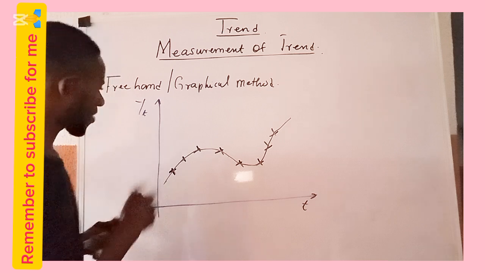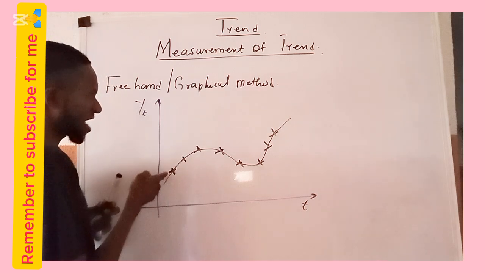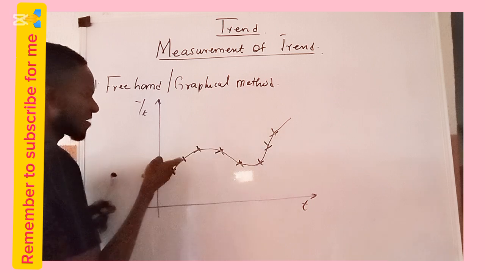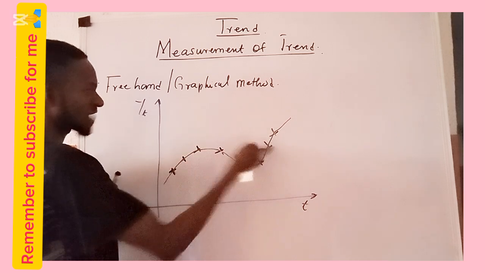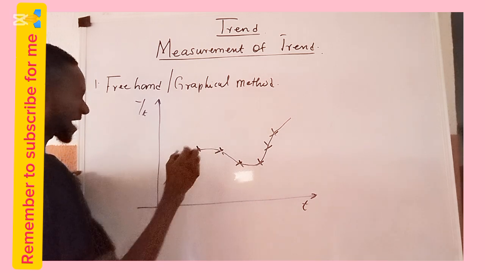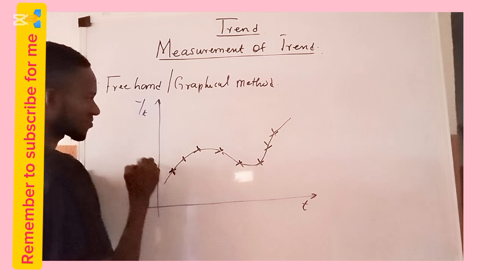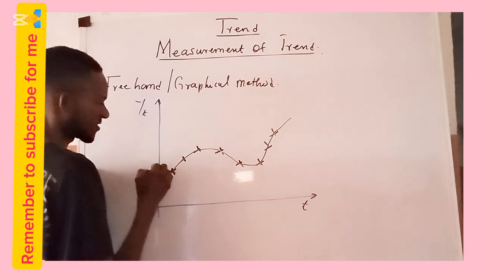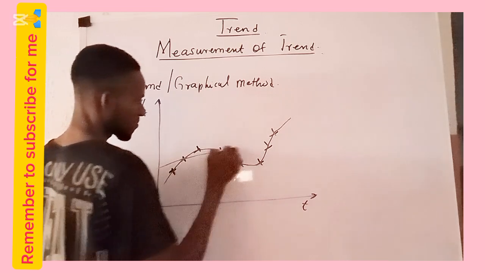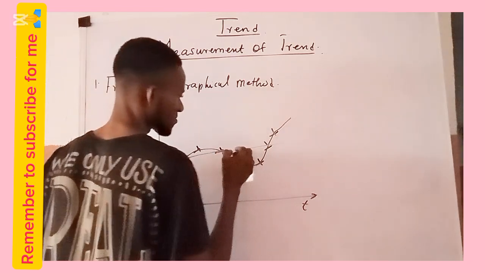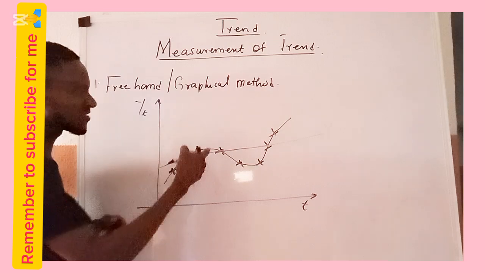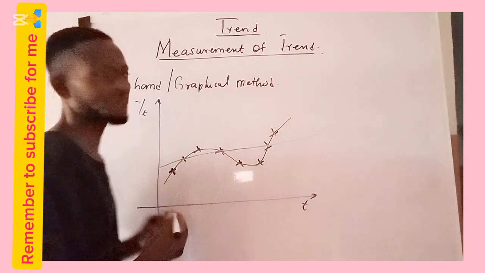So I have a point this way, a point this way, and a point this way, so I can fit my straight line somewhere like this. Because this straight line joins these points.